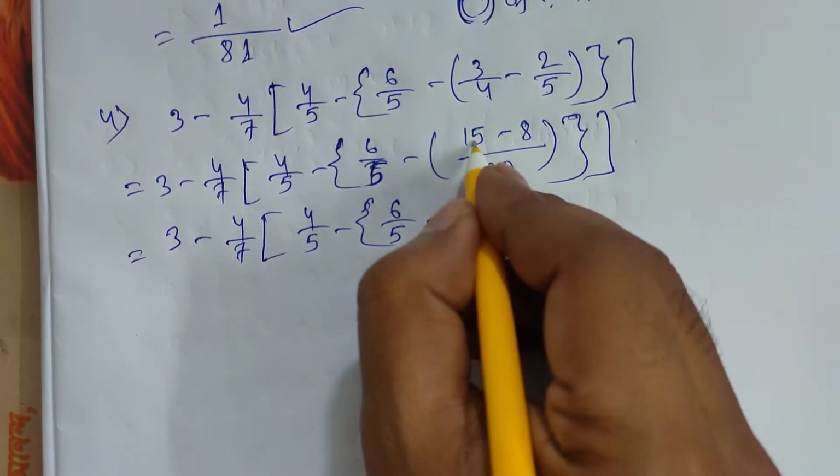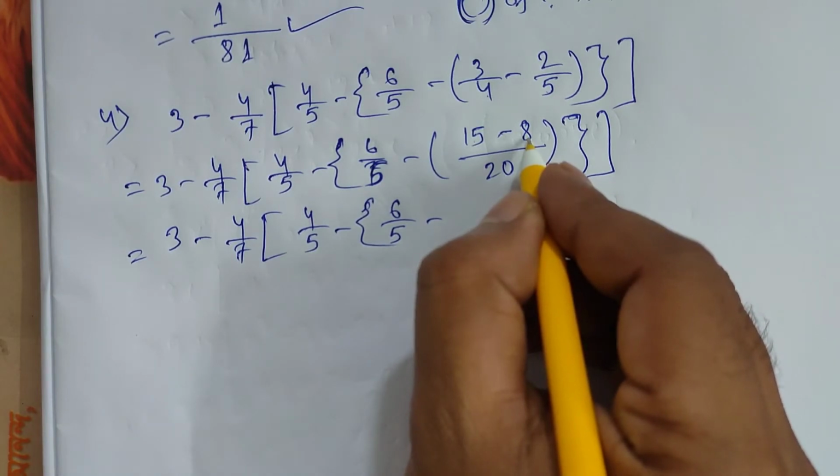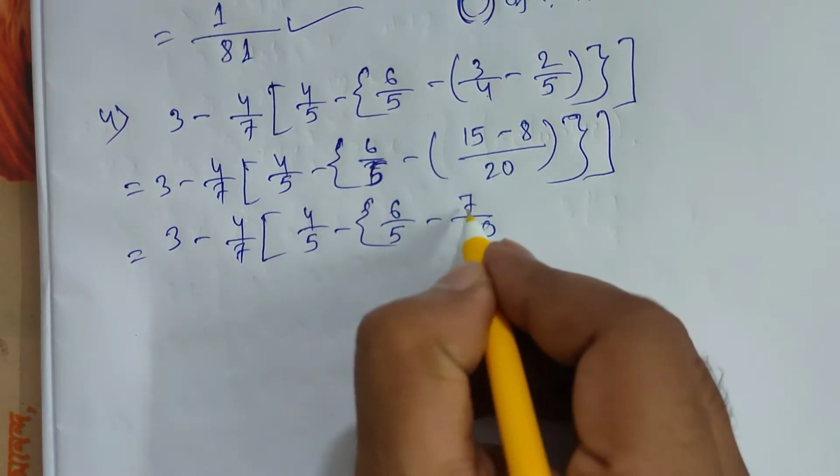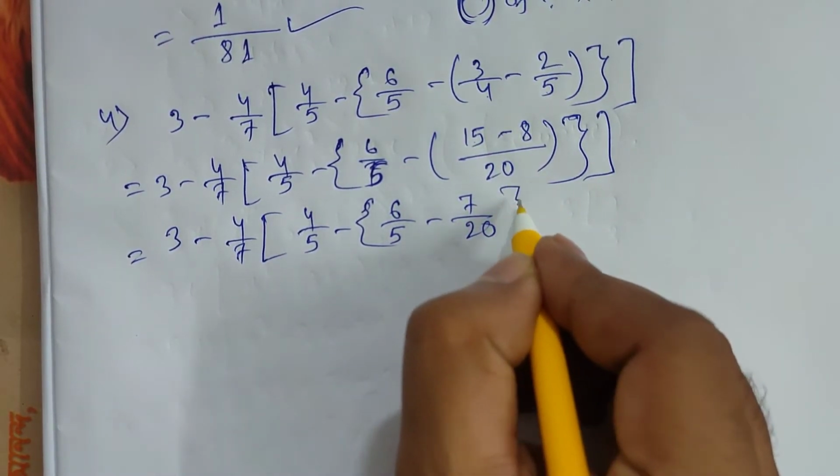Then 15 minus 8 will be 7 by 20, and the greater number is positive, so positive will be here.